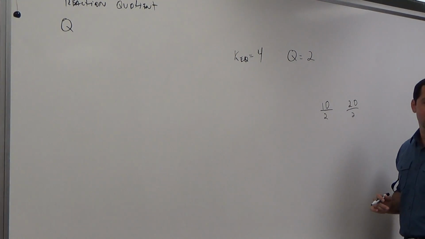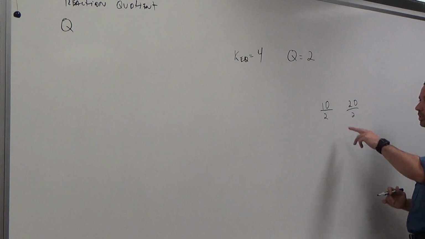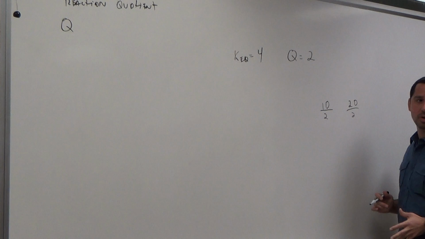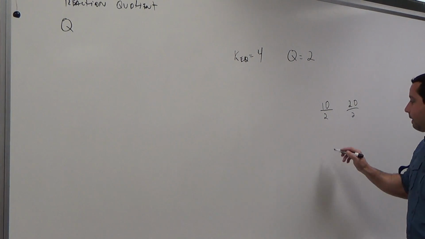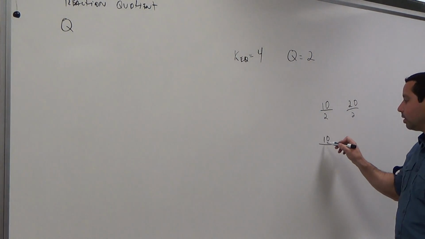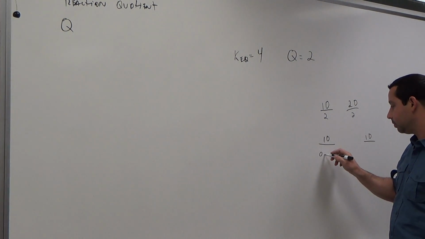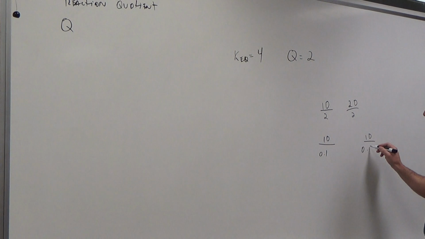This is for the mathematical wizards in this class. If the number on the top increases, the number increases. Let's say I leave the number on the top the same, and the number on the bottom decreases.